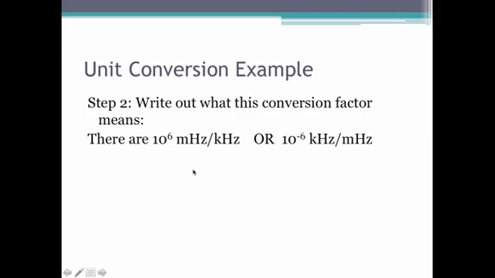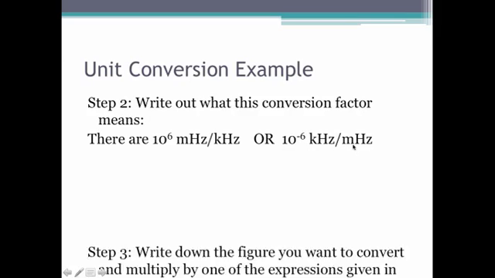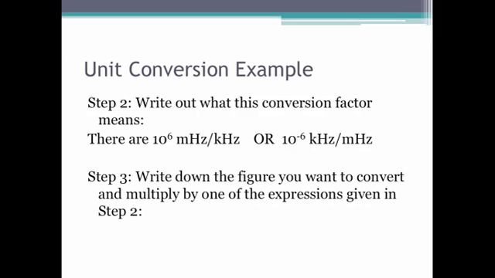First of all, let's write out what this conversion factor actually means. We know that it's 10 to the 6, so that's saying that there's 10 to the 6 millihertz in a kilohertz, or alternatively you could say it's 10 to the minus 6 kilohertz in 1 millihertz. Now we've got to write this expression down.